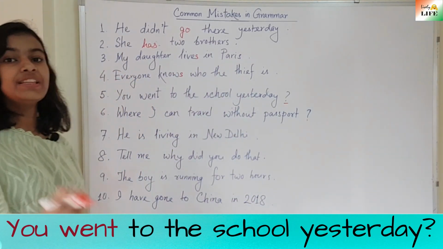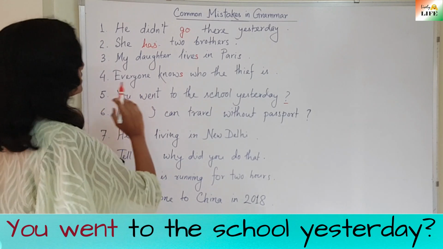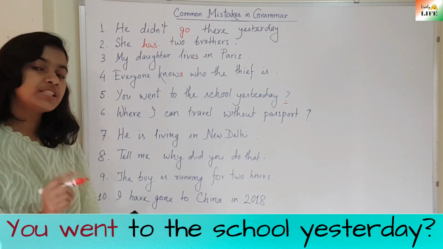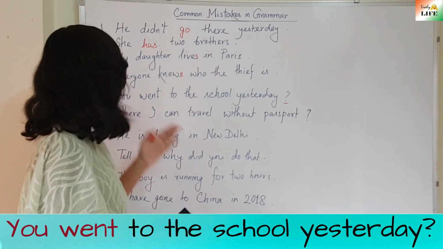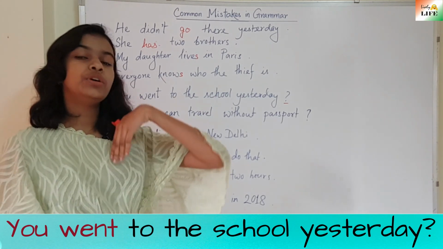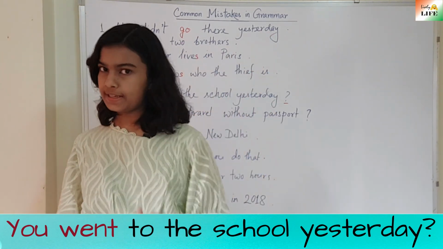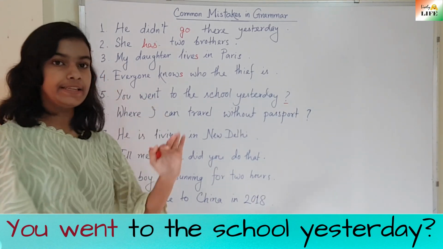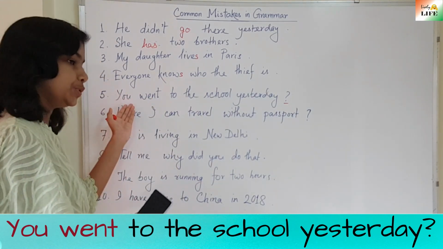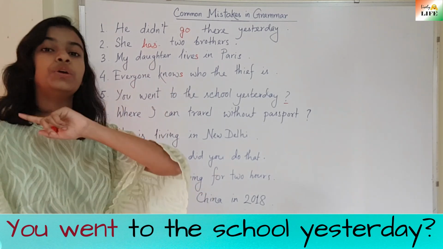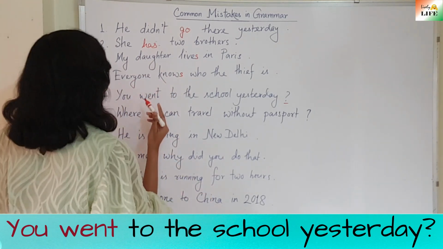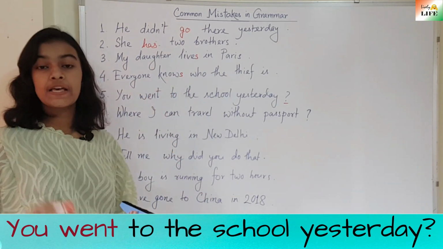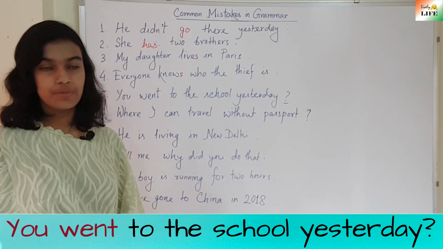It will start with did. Here the sentence is in past tense, that's why we use did. If it was in present tense, we would have used do or does. So here it is in past tense, so did. Did you? And then we do not use the second form of the main verb, we use the first form of the main verb.